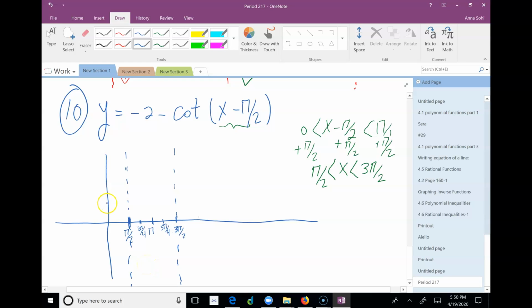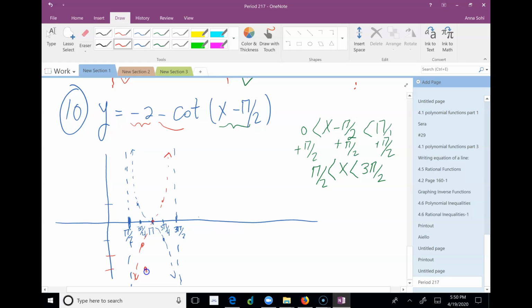If you are just graphing cotan, then by the behavior of cotan, this would have been the graph, again for one period. Now you are graphing negative cotan, so you are flipping it. So the graph would look like this. Then you are subtracting 2, so you are bringing every point on the function 2 down.